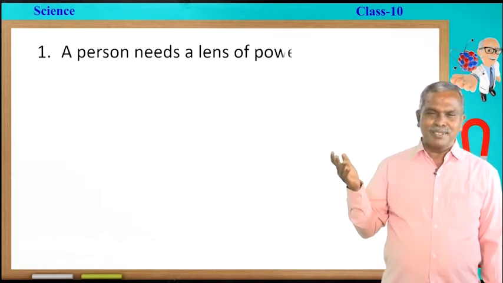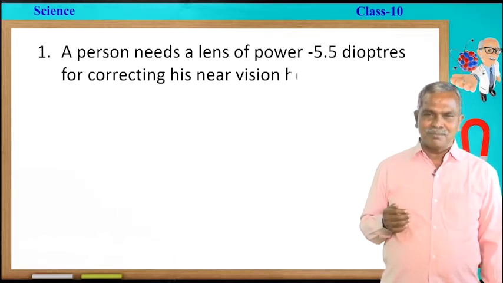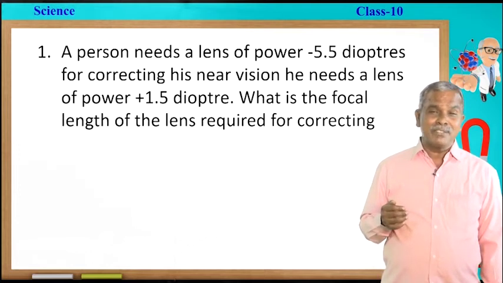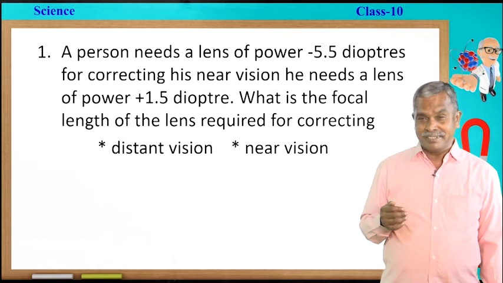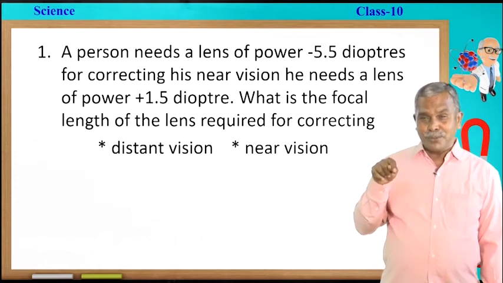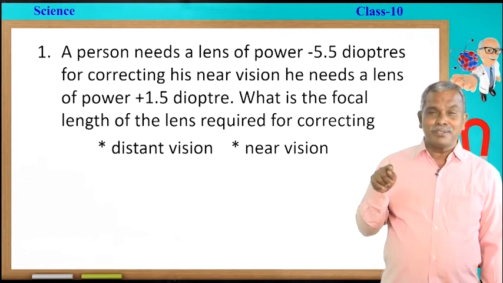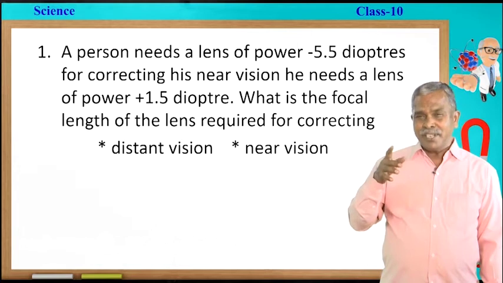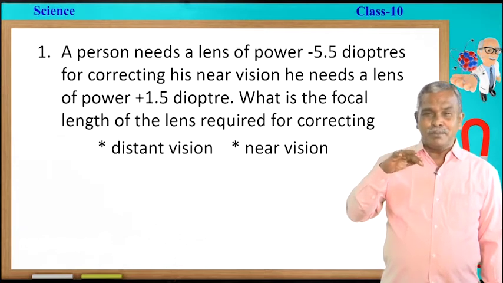You see, this is the first problem. A person needs a lens of power minus 5.5 diopters. See, diopter is the unit of power and meter is the unit of focal length. Here, he is going to use a minus 5.5 diopter lens.